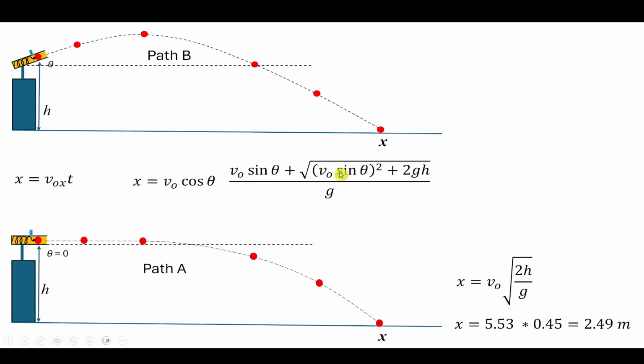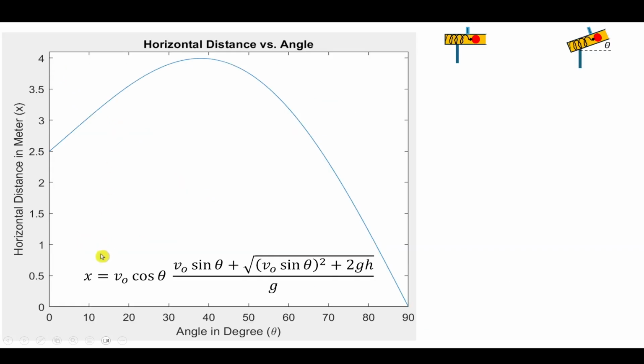So let's plot this equation. I'll be changing theta from 0 until 90 degrees and find x. And I will plot x, the distance traveled, versus the angle of the launcher. So when I plot, this is the curve I get. The x-axis is the angle from 0 degrees all the way to 90 degrees, and the vertical axis represents distance x. The ball traveled in the horizontal direction.